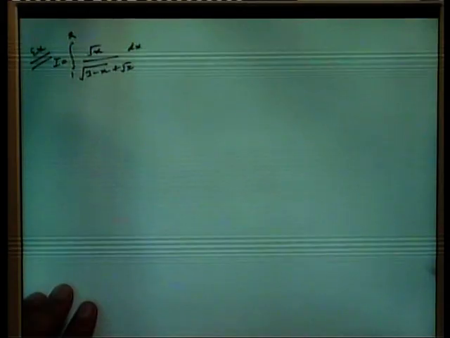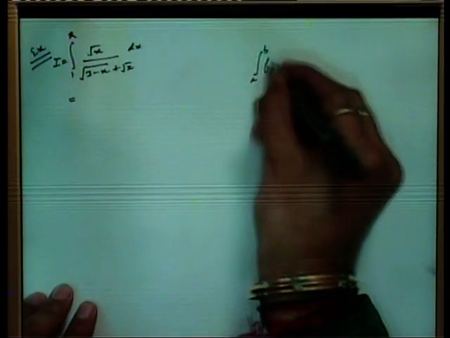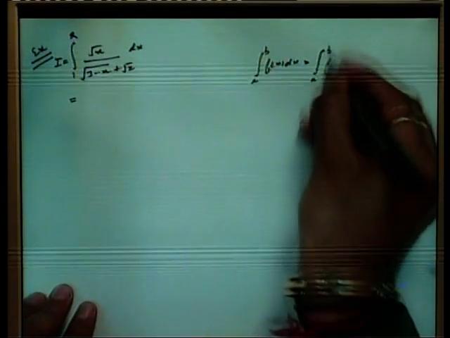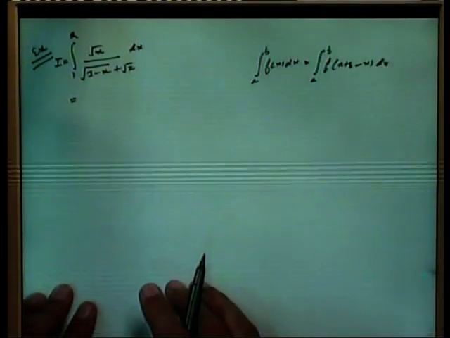Let us consider this equal to I. Now you know that by property number 4, the integral a to b f(x) dx is equal to the integral a to b f(a plus b minus x) dx. Here a is 1 and b is 2.